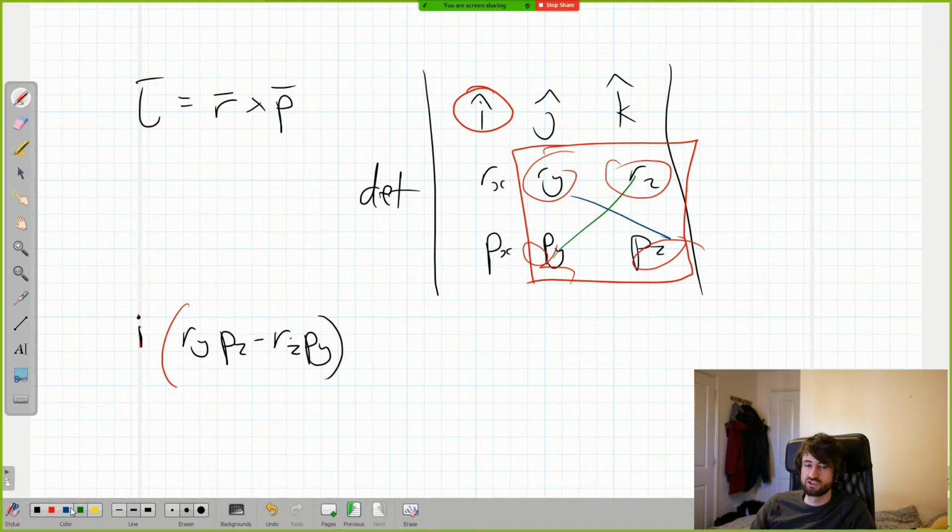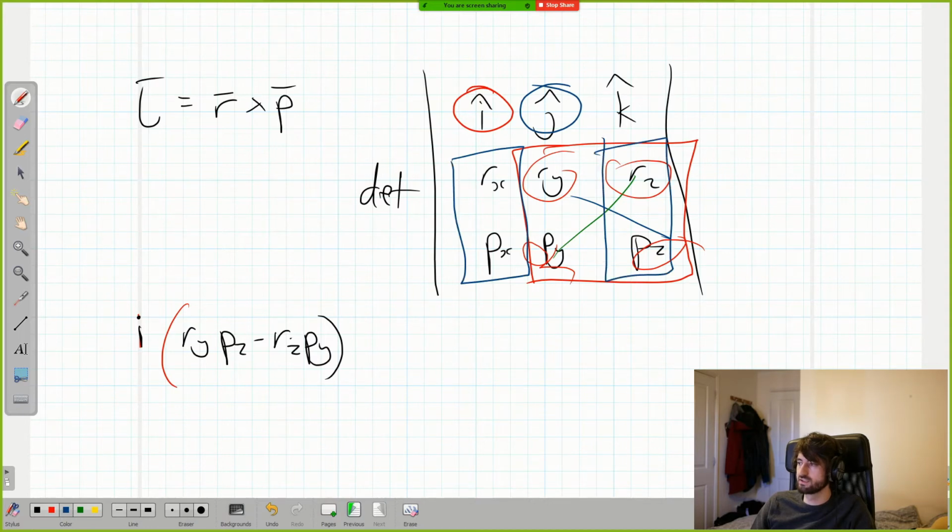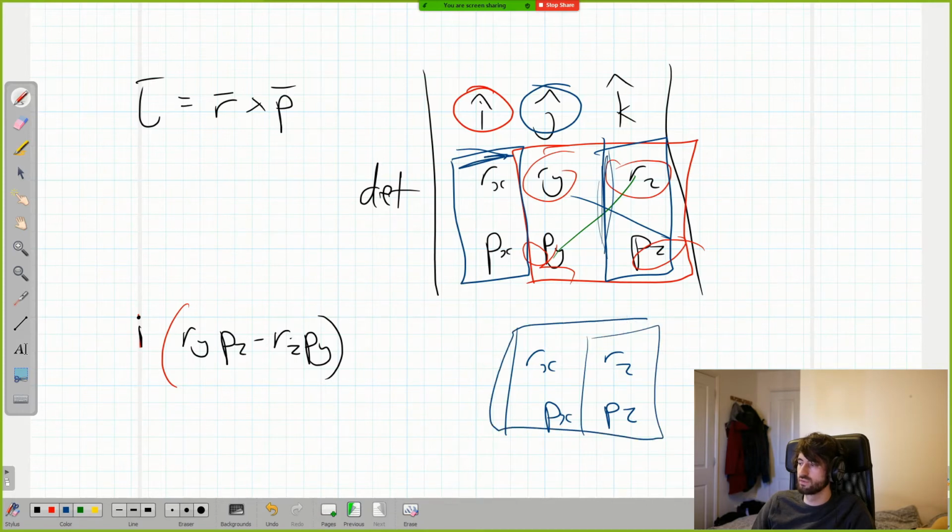Then you move on to your j, and you yank this matrix out, so this makes a new matrix. You can imagine we had one like this, this half slots onto this half. This is just one big matrix, and we do that one. For some mystical reason, this goes negative.